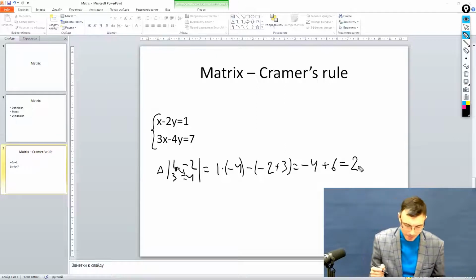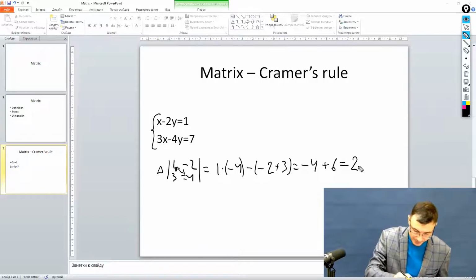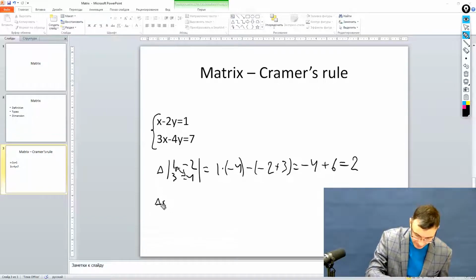Then we calculate the determinant for the unknown x, delta x.